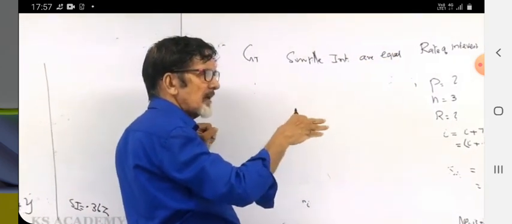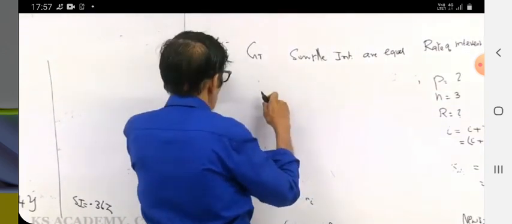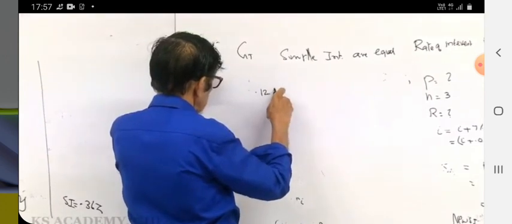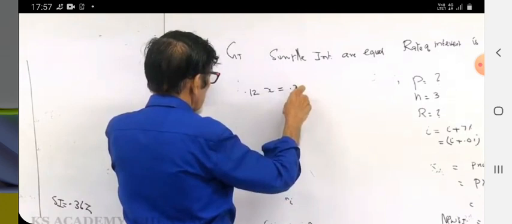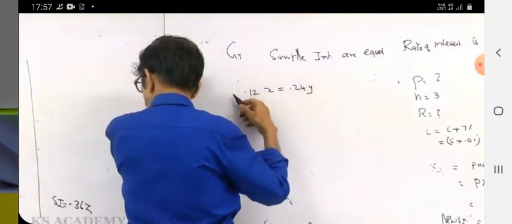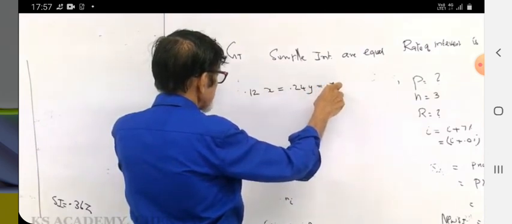So 0.12X is equal to 0.24Y is equal to 0.36Z.